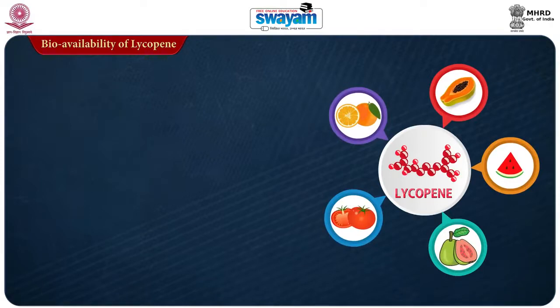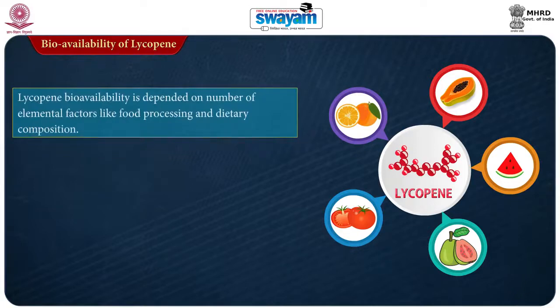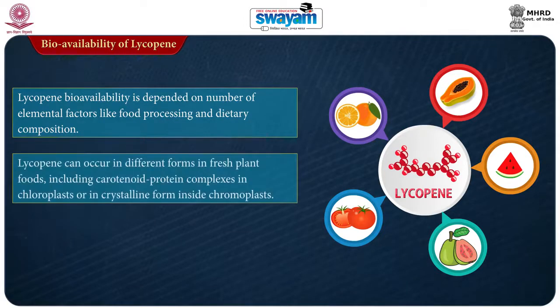Let us now see the bioavailability of lycopene. Lycopene bioavailability is dependent on a number of elemental factors like food processing and dietary composition. Lycopene can occur in different forms in fresh plant food, including carotenoid-protein complex in chloroplast or in crystalline form inside chromoplast.